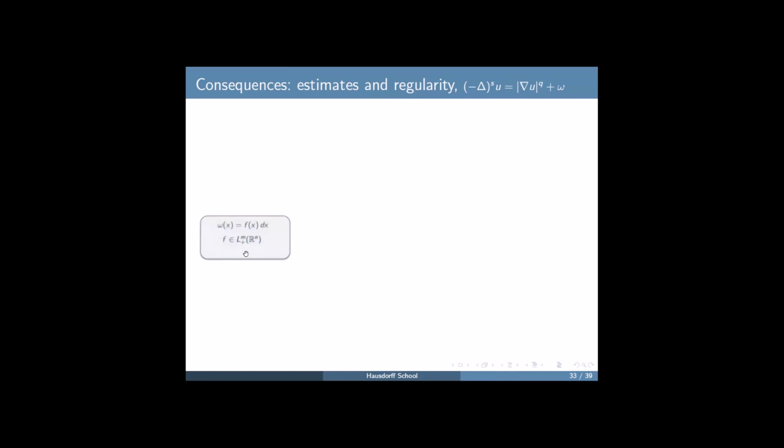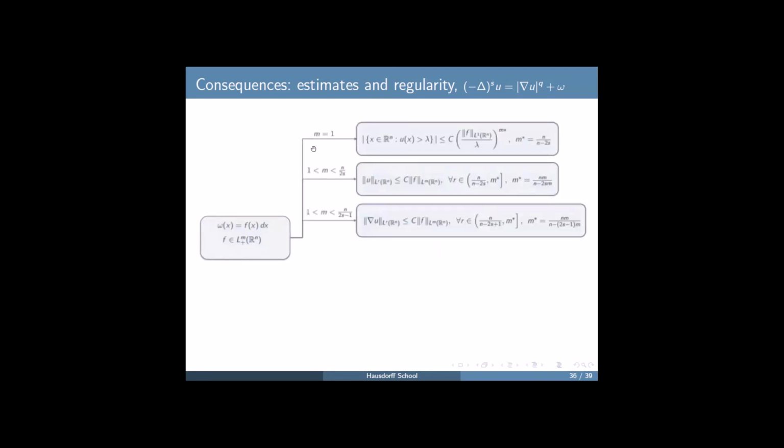Now if you take an integrable function, let's say omega is now a function f with f in L^m, non-negative with compact support, then according to the values of m, we can get further regularity. For instance, if m is 1, we can control the measure of the level set of the solution in terms of the L^1 norm of the function f.